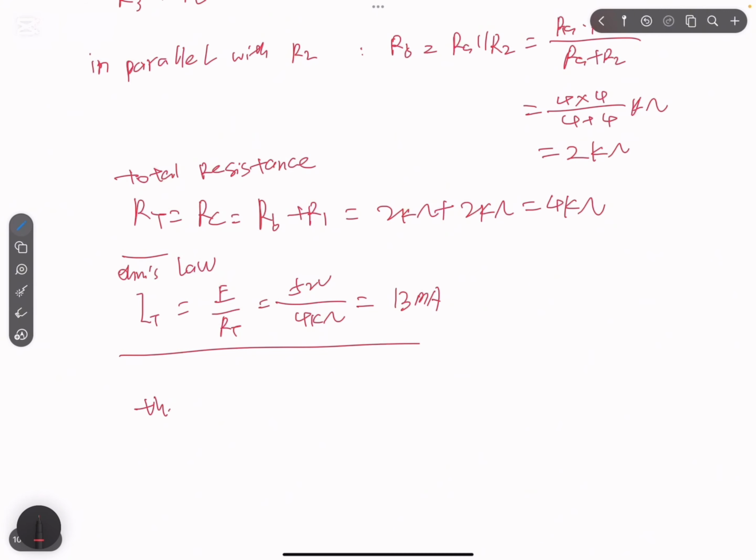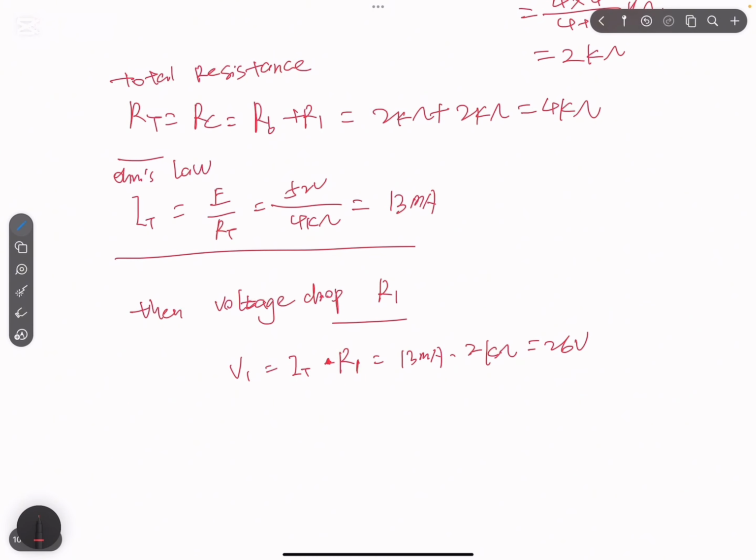Then we can get the voltage drop after R1. Let's say V1 equals IT times R1. Because R1 is in the main branch, it will be 13 milliamps times 2 kilo ohms. That will give us 26 volts.